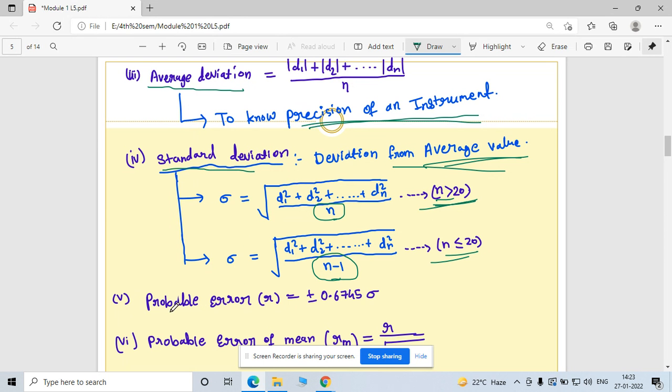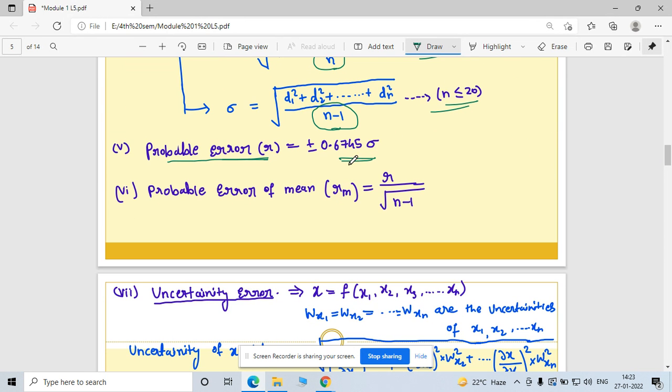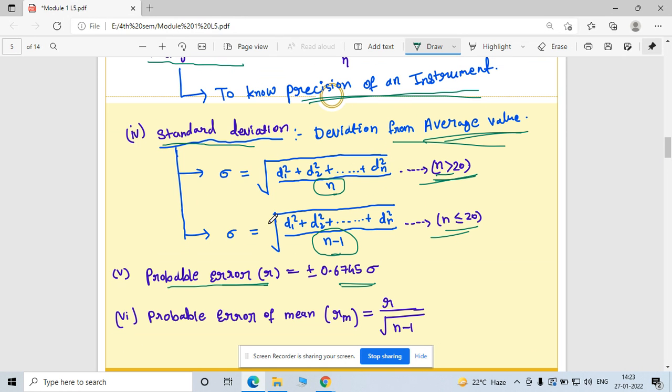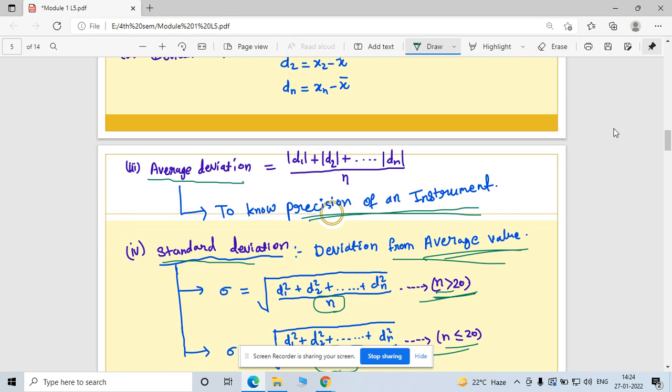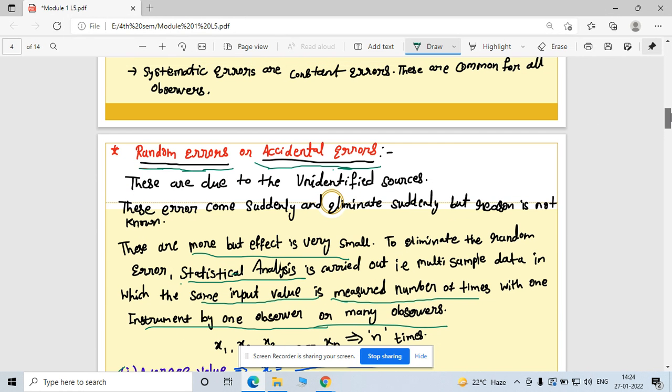And this is the probable error, which is plus or minus 0.6745 sigma. You get this error from the experimental setup, so note this directly. For definitions or more information, it is better to refer to the ADK Sony book.